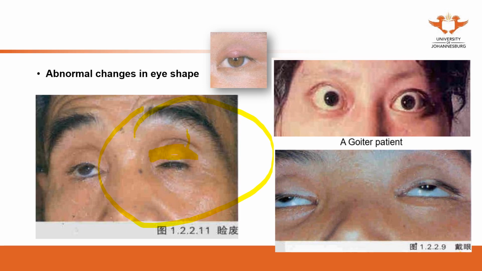So that's why we focus on the spleen for this kind of problem. This is an inflammation, an infection here. The patient can present with heat, pain and redness in this area. That's also heat, because it's in the eyelid, so that's heat in the spleen.